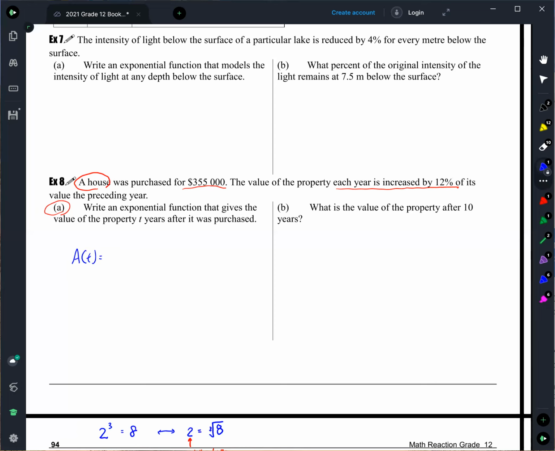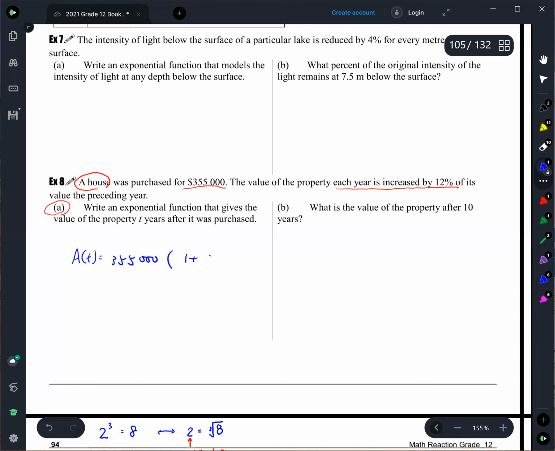Okay, Chris, what do you have? 355,000 brackets 1 plus 0.12 brackets to the t. Okay, very good. So this one, because it's increasing, then you use 1 plus to figure out the rate.